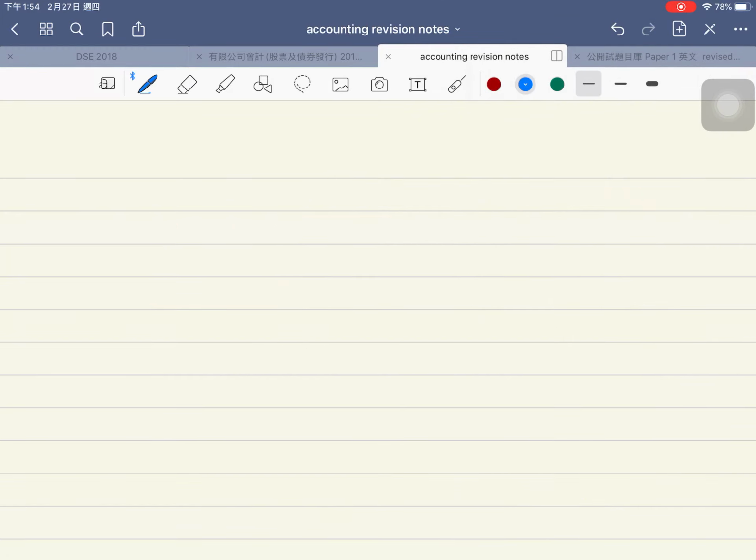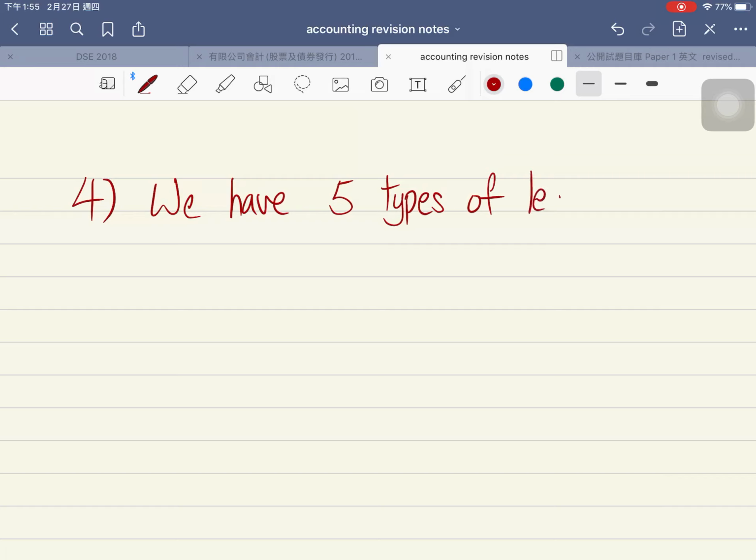So according to this format, we have 5 types of account, sorry, not ledger.